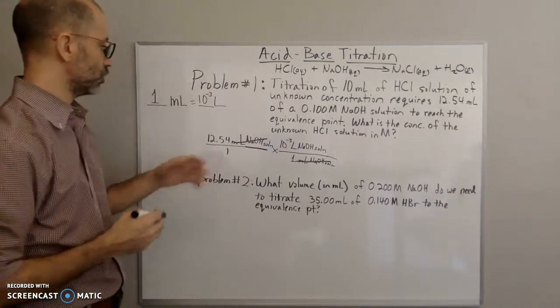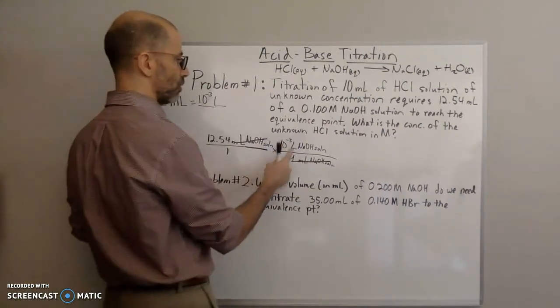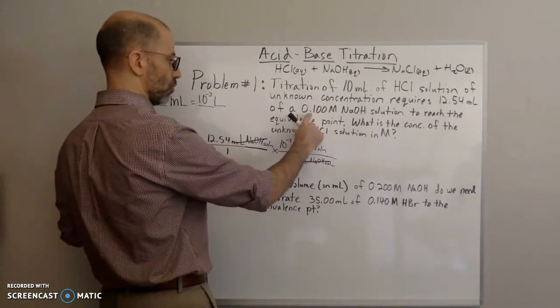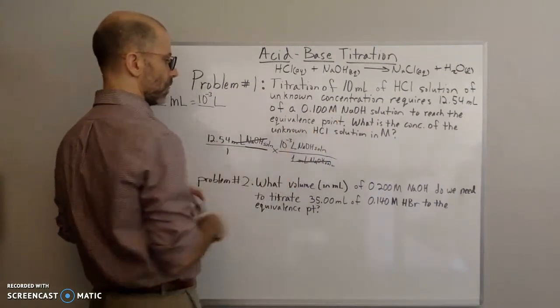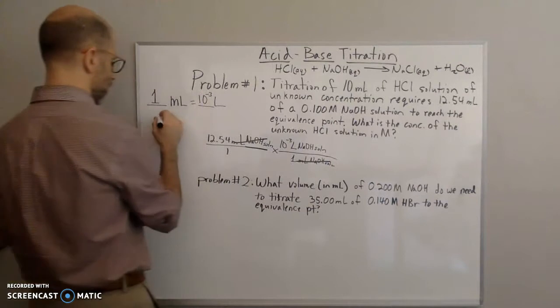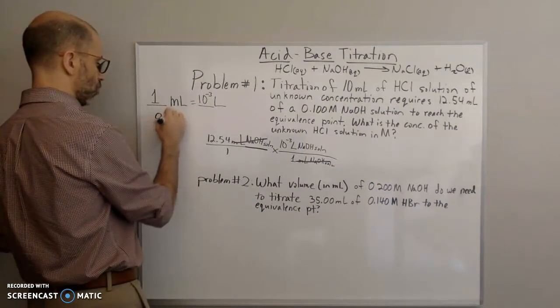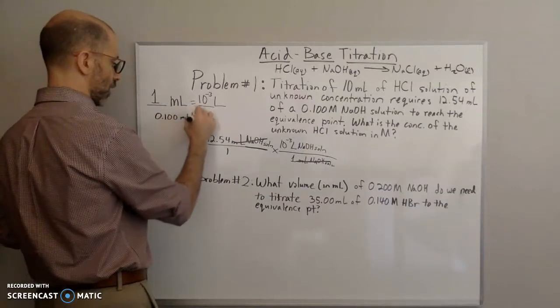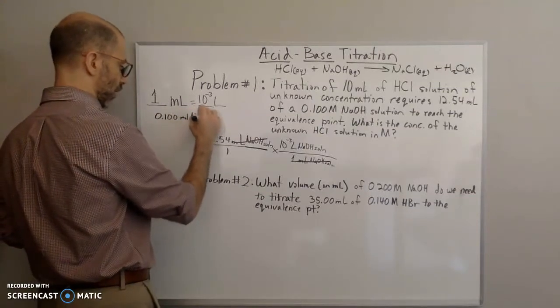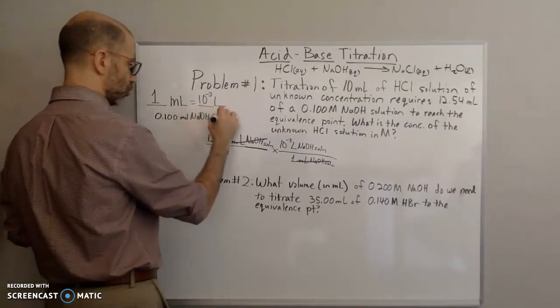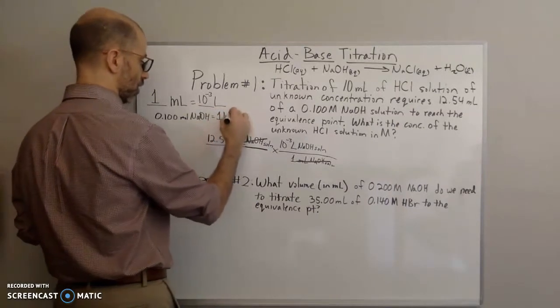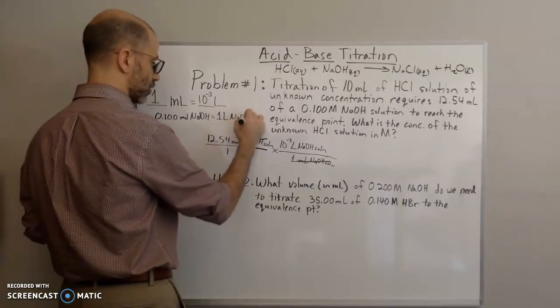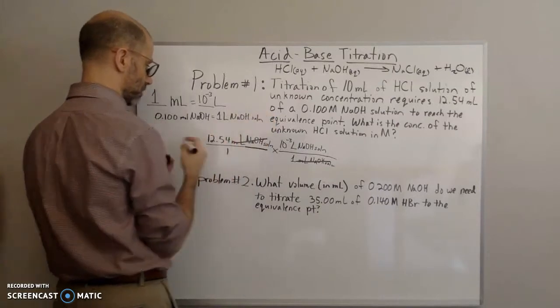The next thing I'm going to do is now I can use the molarity, so 0.100 molar. So that means that 0.100 moles of NaOH is equal to 1 liter of the NaOH solution.